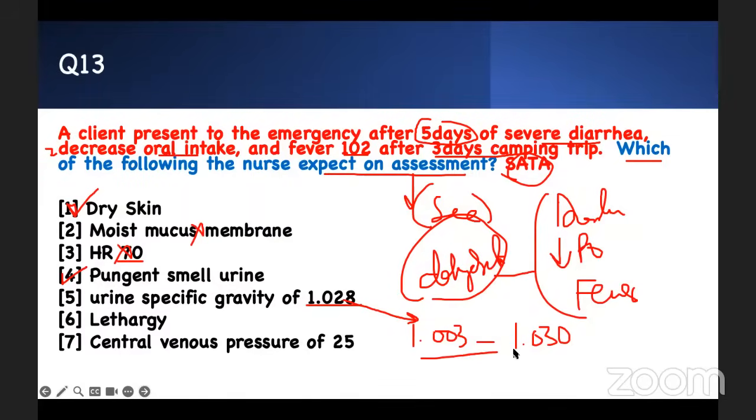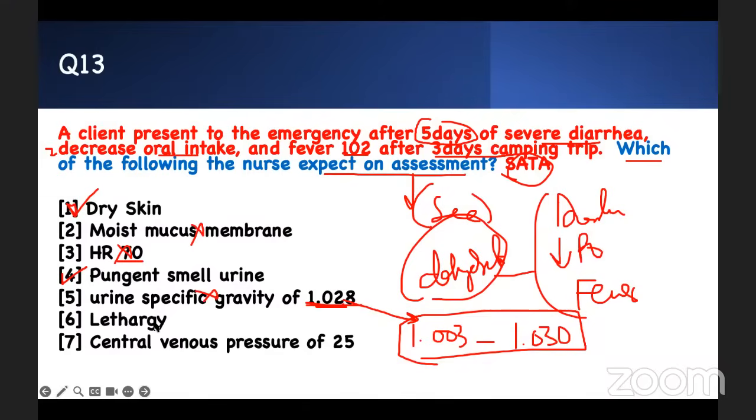The normal range is 1.003 to 1.030. This is within this range. Do you expect their urine to be within this range? Specific gravity is going to be concentrated. So this urine specific gravity is wrong. It has to be greater than 1.030. So this is wrong.